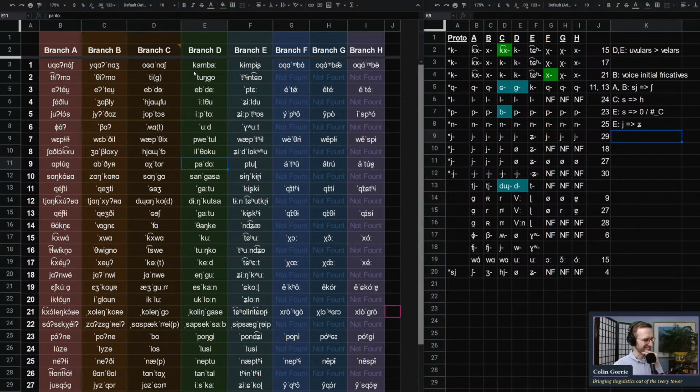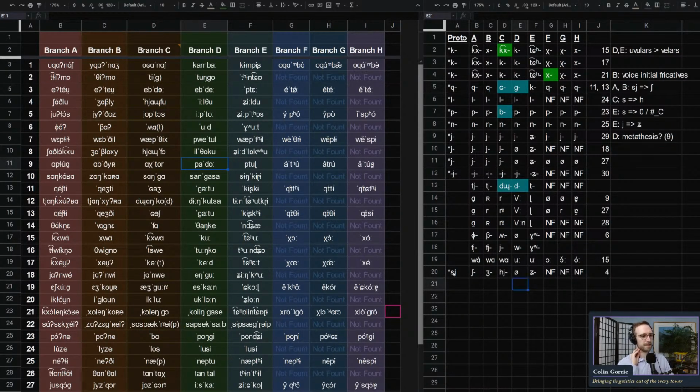Yeah, it looks like branch D has some metathesis in 9.